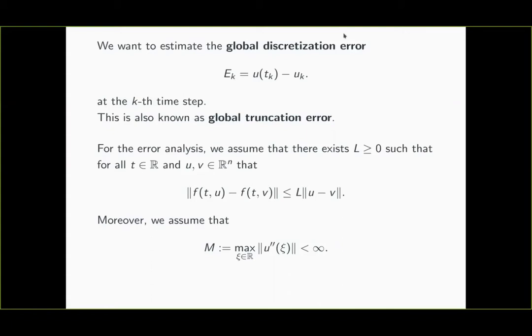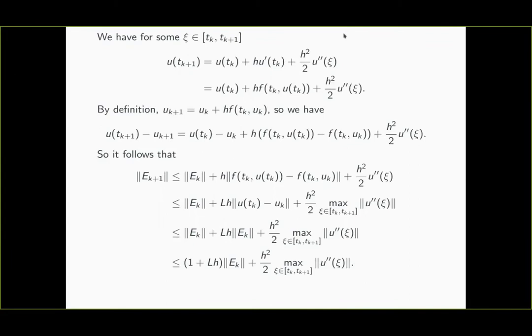Okay, with these two ingredients, let's get started. The idea of the proof is that we bound the error at time step k plus 1 by the error at the previous time step, the kth time step, plus some additional terms. Now let's begin with the Taylor approximation.